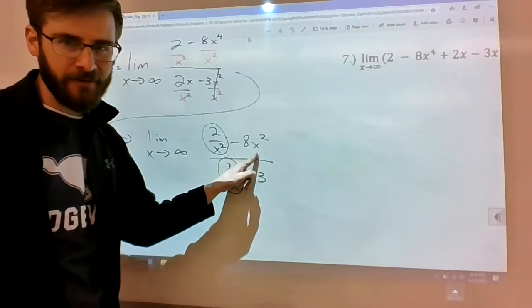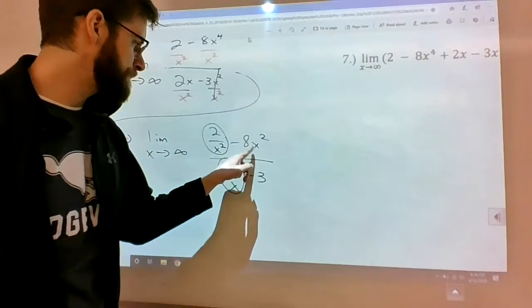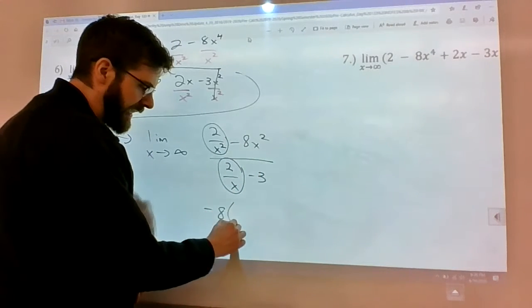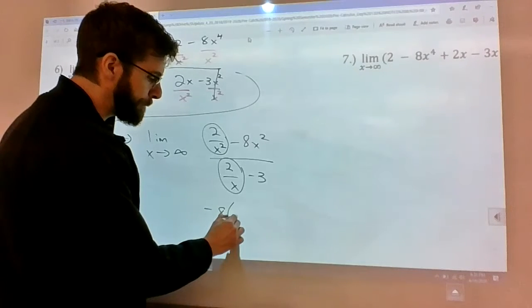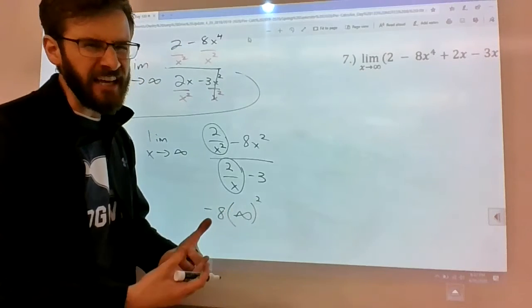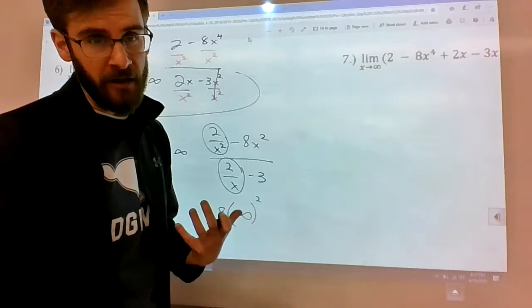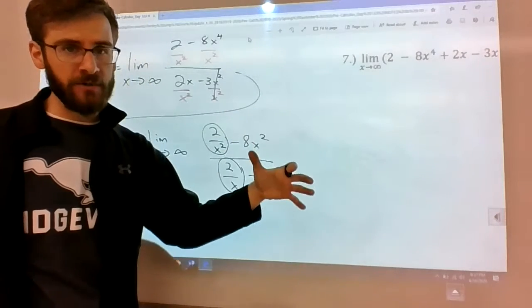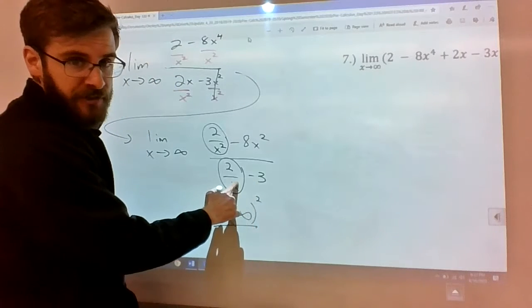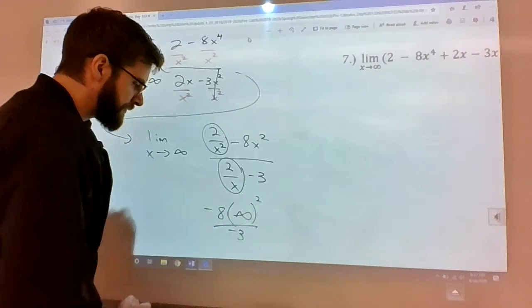Now here's different. Here I've got negative 8 times, and just to humor you guys, I'm going to plug the infinity in. You can't really plug it in, but we can visualize what would happen if we plugged an enormous amount into a square, right? And then negative 3 still on the bottom. 0 minus 3 is negative 3.